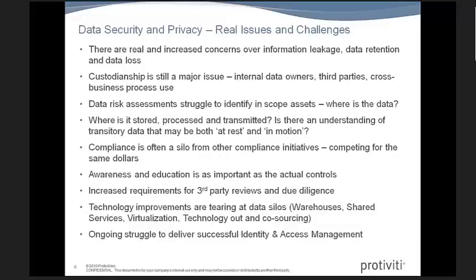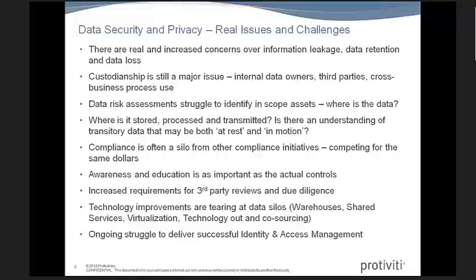Now, there are challenges across the board when we talk about data security and privacy. I'm not going to go through this entire list, but this presentation will be shared with everyone. Really, the increased concern is around information leakage and what that means in terms of bringing significant aspects of data risk management into focus.